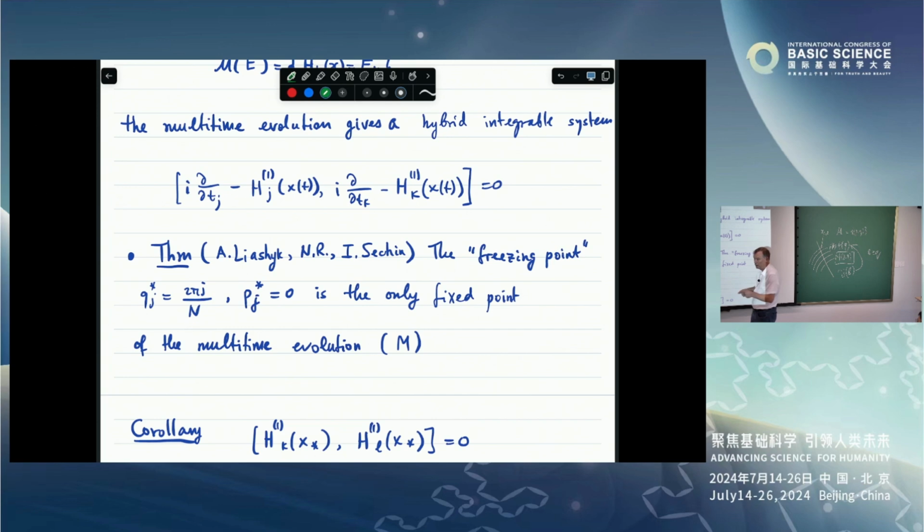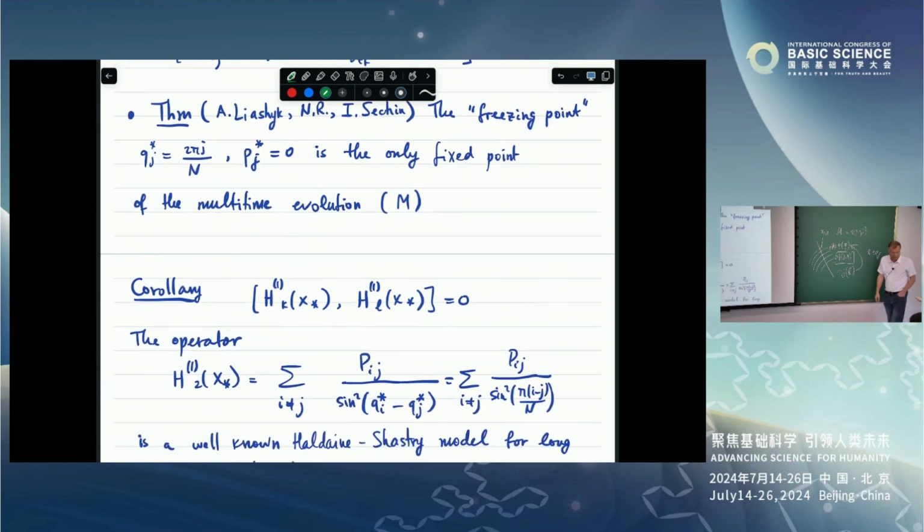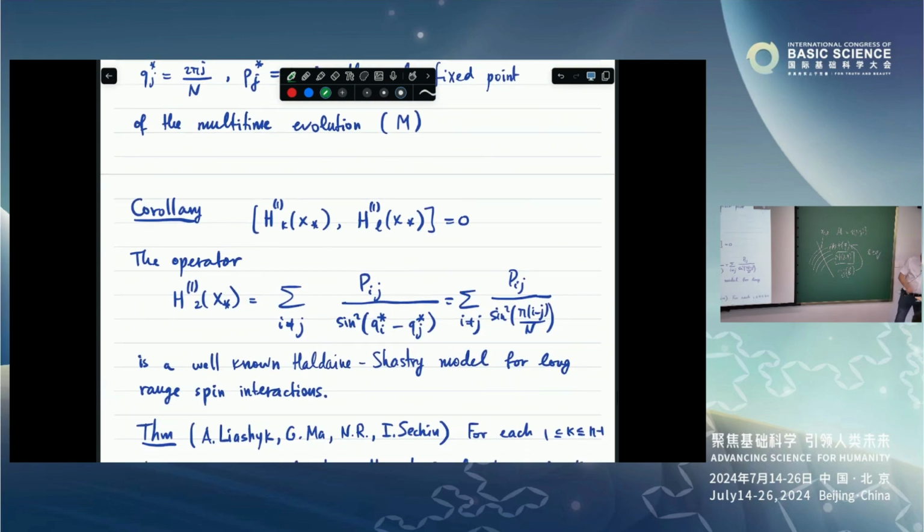It's the analog of the origin for the harmonic oscillator. It's the fixed point of the multi-time evolution. None of the classical Hamiltonians move this point. So what does it mean? It means that there is no time dependence. So it means that you have commuting spin Hamiltonians acting in the tensor power of an n-dimensional vector space.